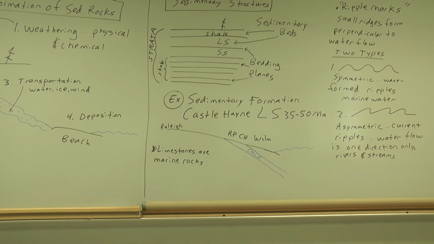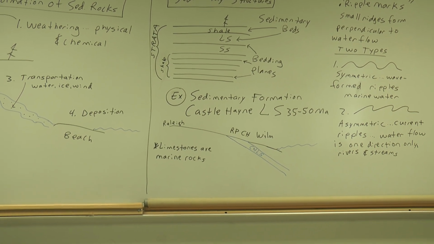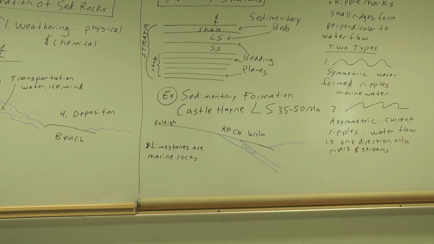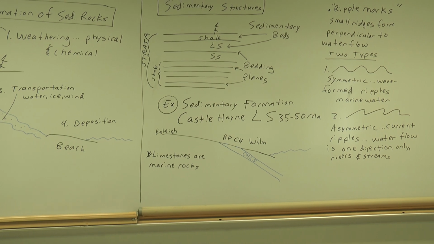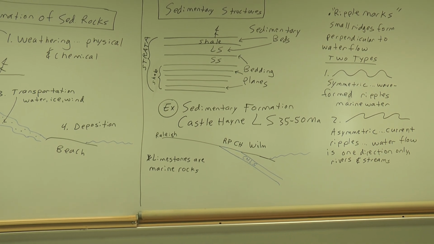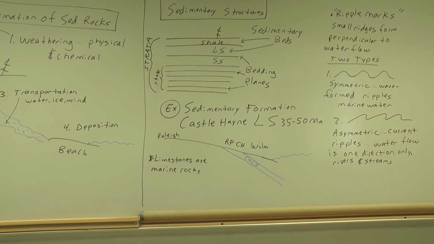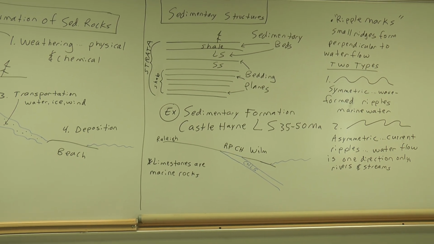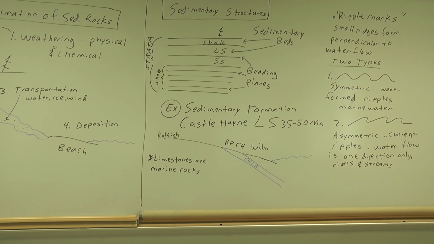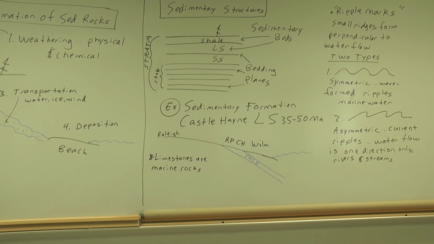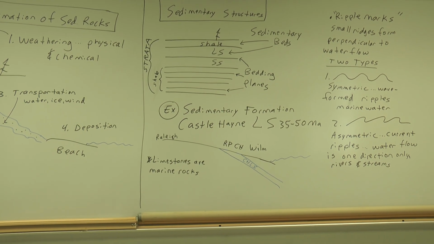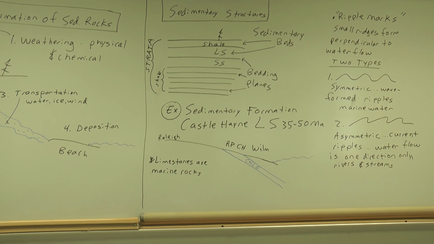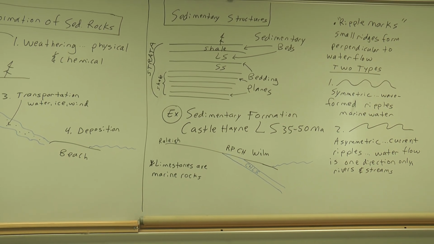That's a drawing of what it looks like in a cross section, dipping down to the southeast at 20 degrees and outcropping or sticking up out of the ground at the towns of Rocky Point, RP, and Castle Hayne, CH. It is named for the town of Castle Hayne. And then you have Raleigh over there to the west. What's your distance in between Raleigh and Rocky Point? I don't know. More than 60 miles, I'm guessing.